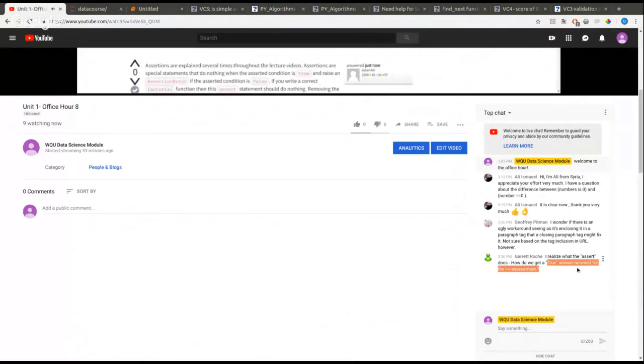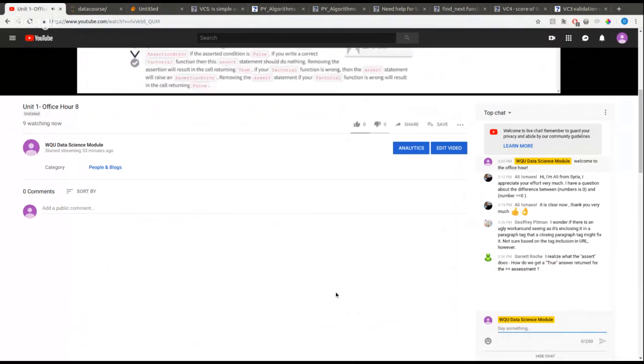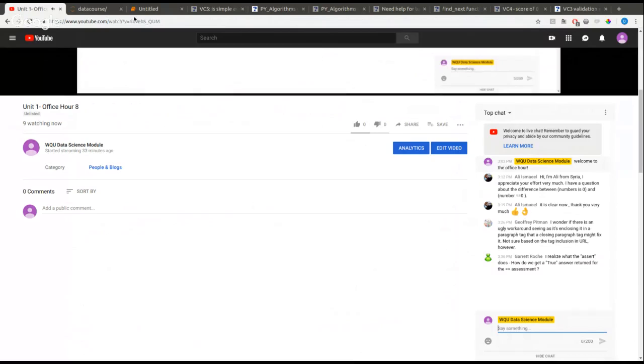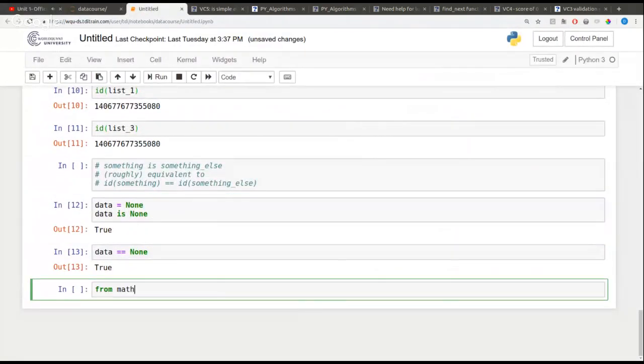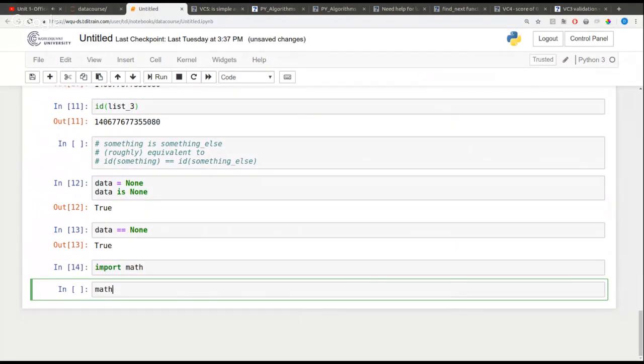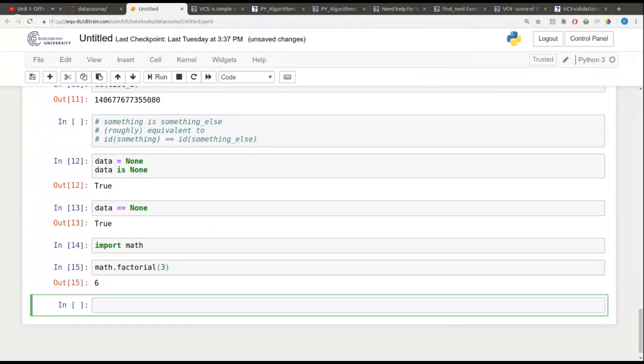How do we get a true answer returned for the equals equals? I will demonstrate. So import math. Now I can do math.factorial of, for example, 3, and that'll give me 6. And I can define a factorial function as well.